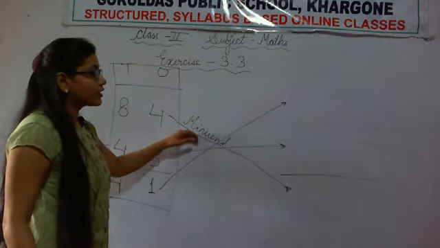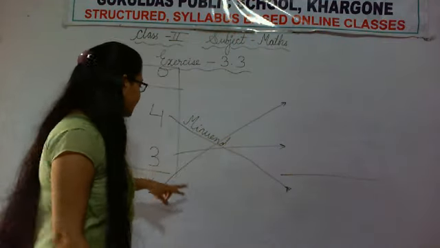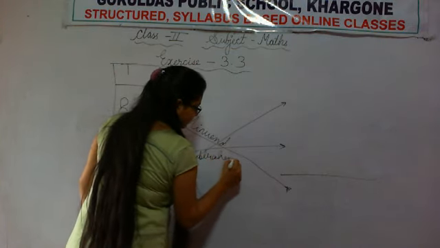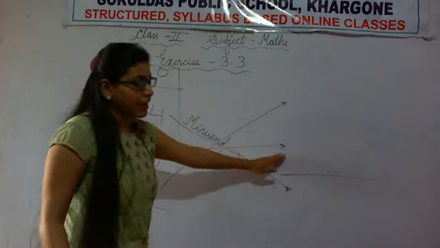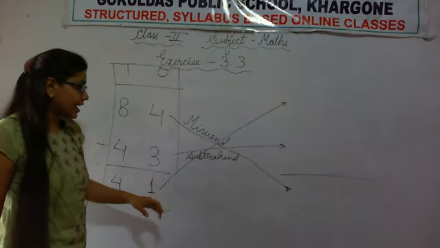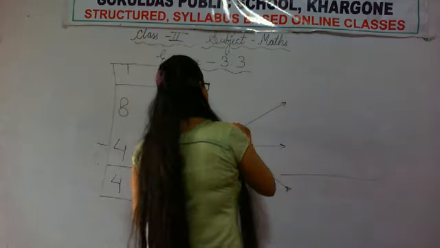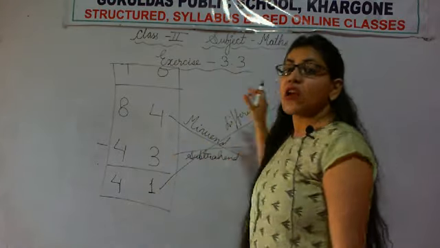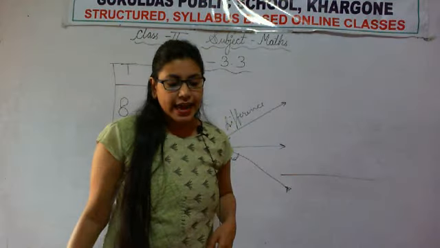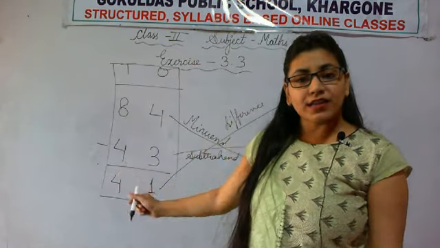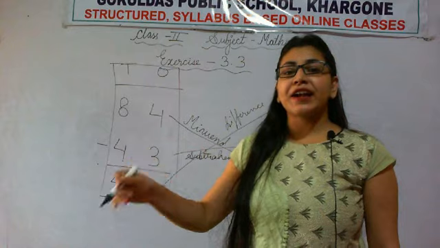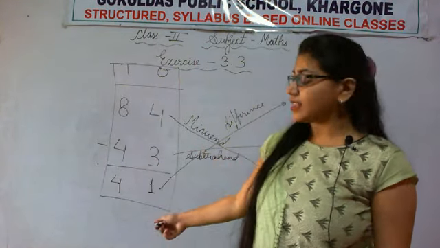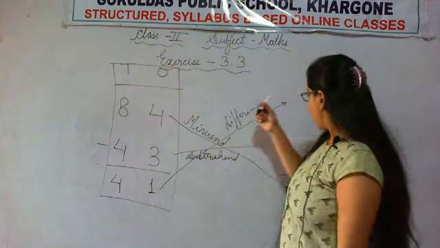So the minuend must come as the answer, the subtrahend will be the second addend, and the difference will be the first addend.